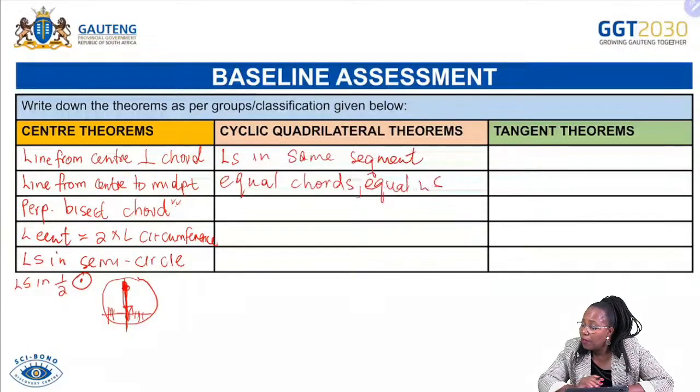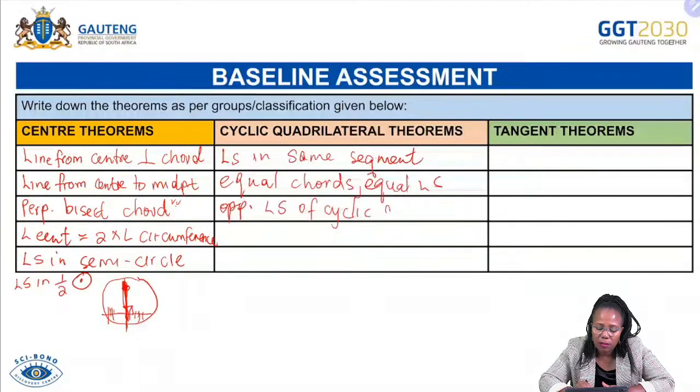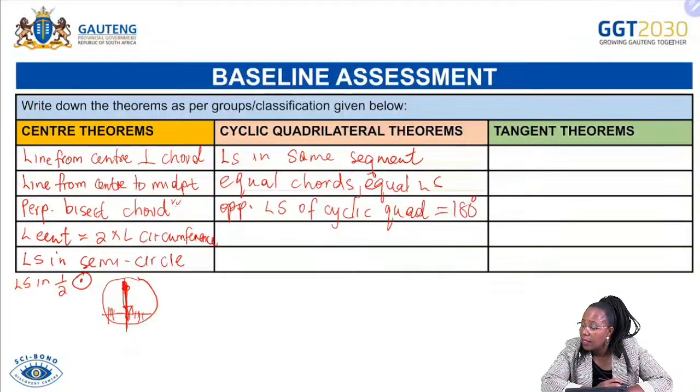That means if we are having equal chords, they subtend equal angles at the circumference and at the center of your circle. And then thirdly, we are still on cyclic quad: opposite angles of a cyclic quad are supplementary, or they are equal to 180 degrees.